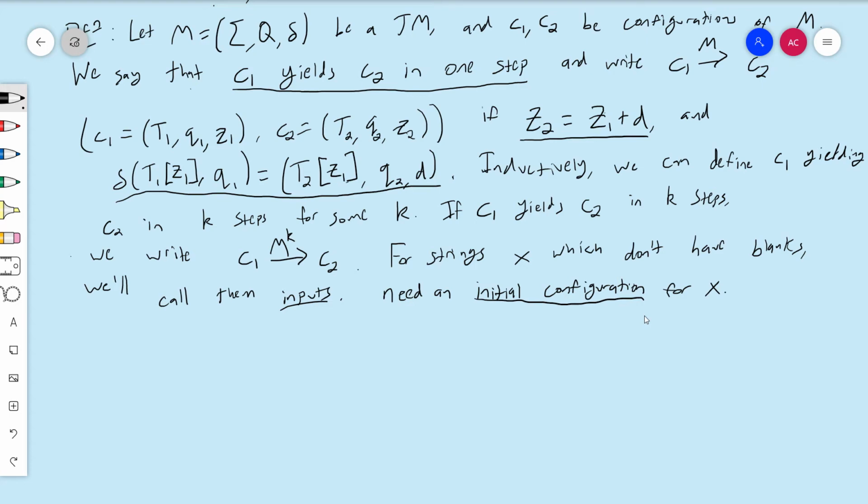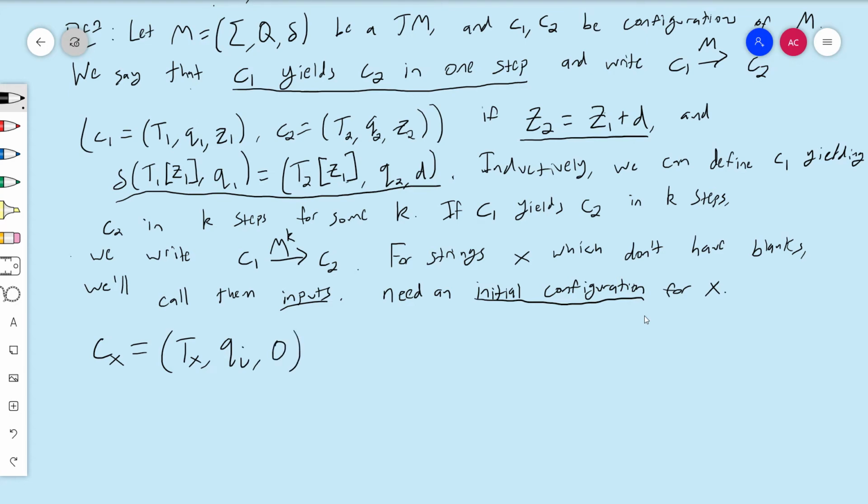And so that'll just be what we need it to be. C_x, that's what's going to denote the initial configuration. And that's going to consist of t sub x, and I'll define what that is in a minute, q sub i, whatever the initial state is that's guaranteed to be there, and also 0.